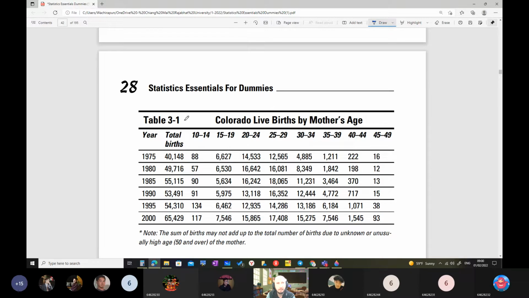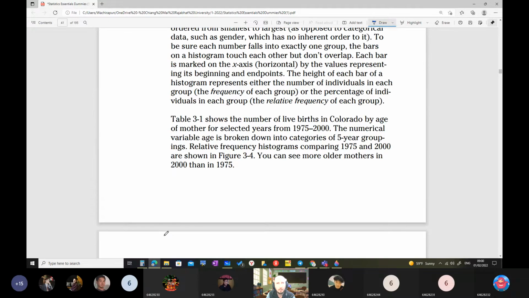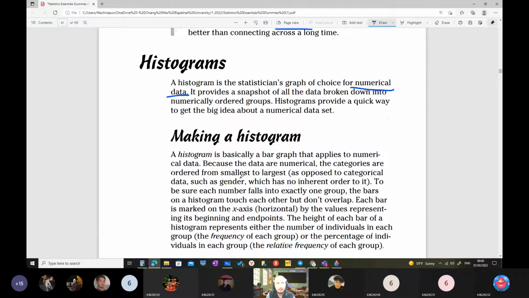We have a table. Mothers' ages. So a histogram is a bar chart, bar graph that applies to numerical data. We order everything from smallest to largest.